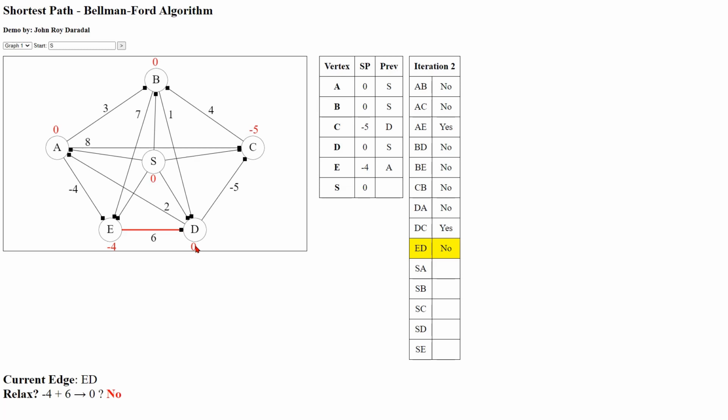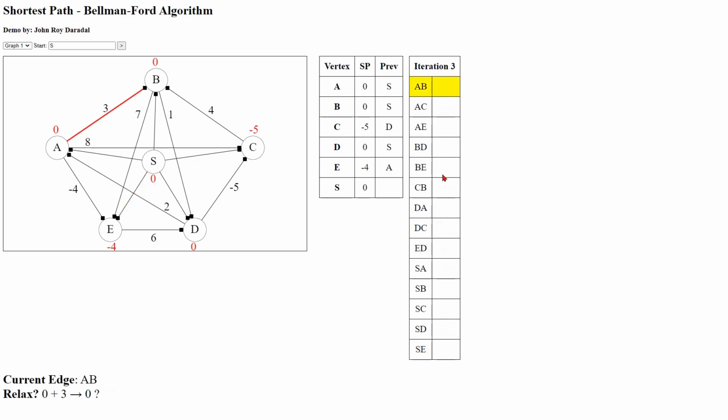So still won't relax this one. SA, still the same. SB, the same. 0, 0, is it better than the current one, which is negative 5? It's not. SD, no. SE, no, right? So since we have 2 relaxations, we'll continue with the next iteration.